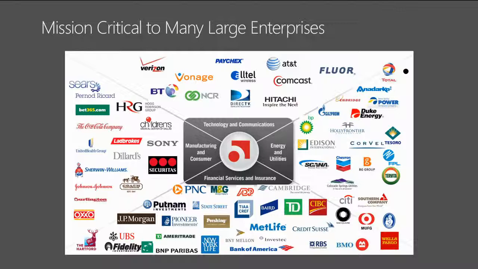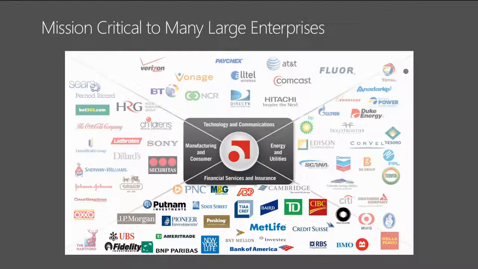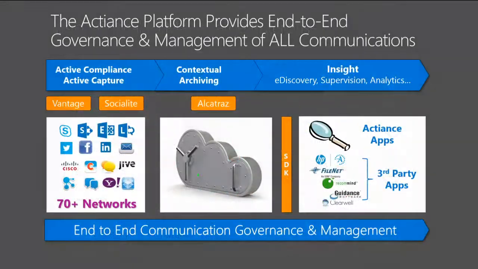So again, we're really dominant in the financial services industry, but we also have lots of customers in energy, utilities, telecommunications, manufacturing, healthcare, and consumers. The platform provides end-to-end governance and management for all communications. For instant messaging, we've got public instant messaging, like AOL. We've got industry vertical instant messaging, like Bloomberg.